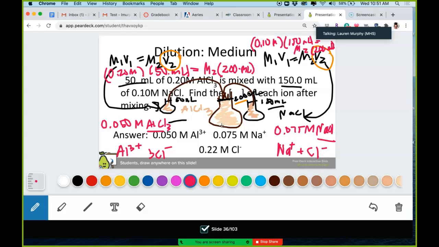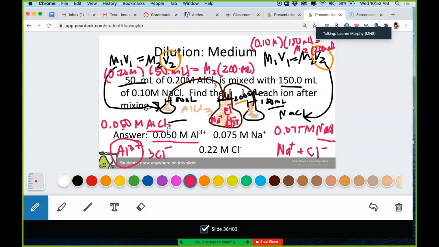So you've got a bunch of sodiums in here, chlorides in here, aluminum in here, and so forth, okay? This is a Cl, okay? So when I say 0.050 molar aluminum chloride, sure, it's 0.050 molar aluminum, because for every 1 aluminum chloride, there's 1 aluminum ion. So 0.050 molar of aluminum ion.